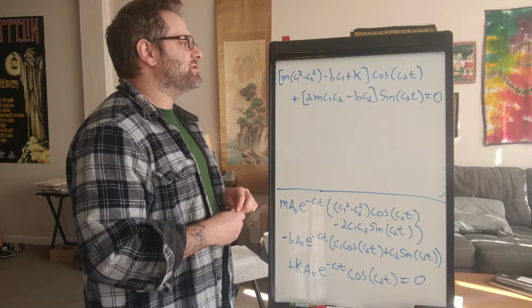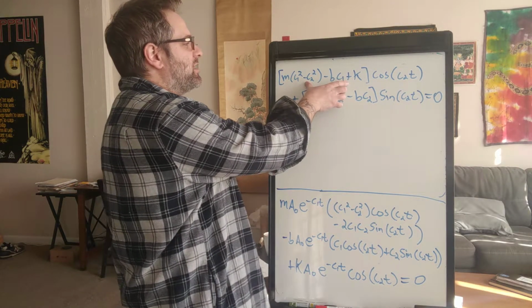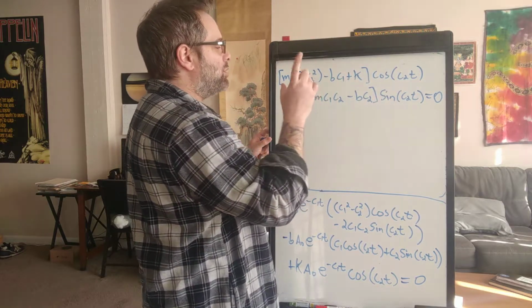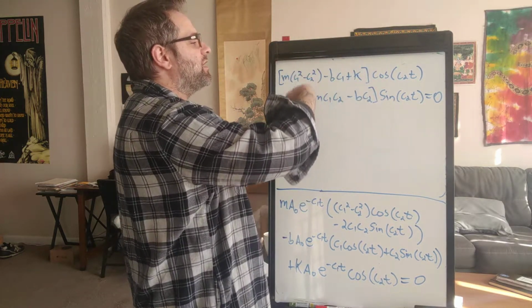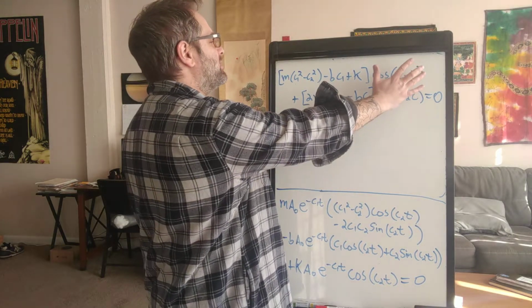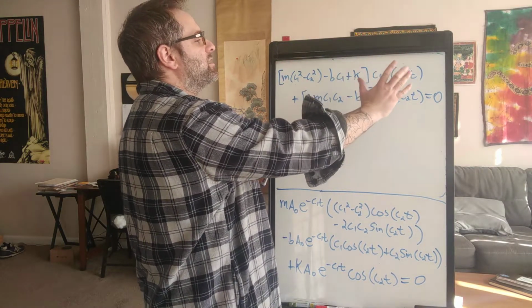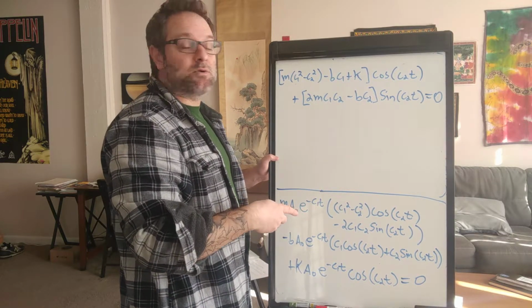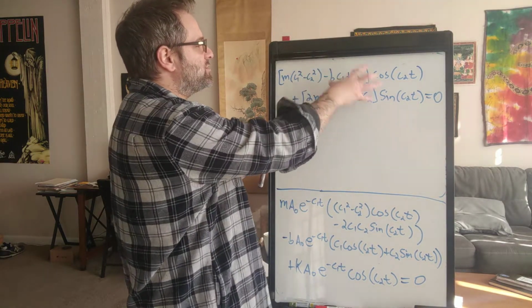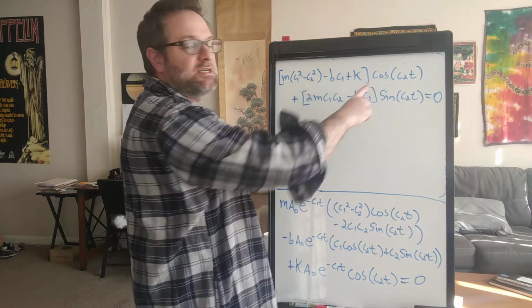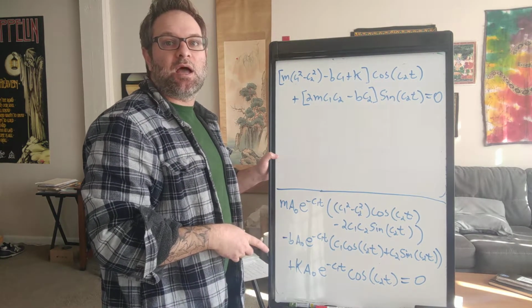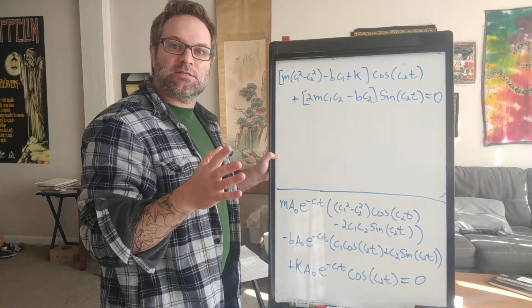So the question is, we've got a bunch of constants times a cosine plus a bunch of constants times a sine. How can we choose these constants such that we know that this side of the equation is equal to the other side, which is 0? So how can we be sure that these two guys added together is always 0, even though we have a different time function multiplied by each of them? So pause, think.